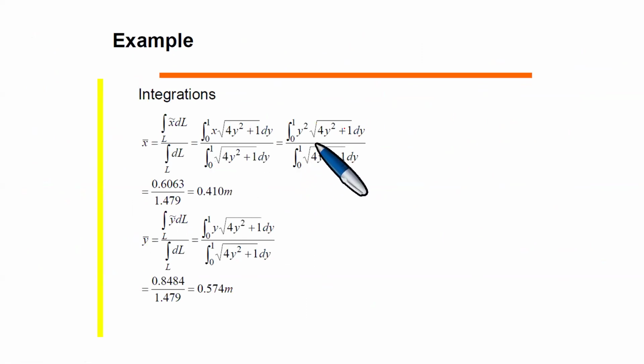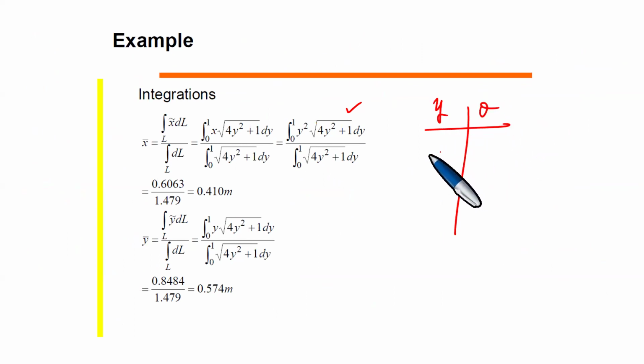Remember that for this part, the integral is from 0 to 1. We remember last time that we said we're changing the variables. So y is from 0 to 1.